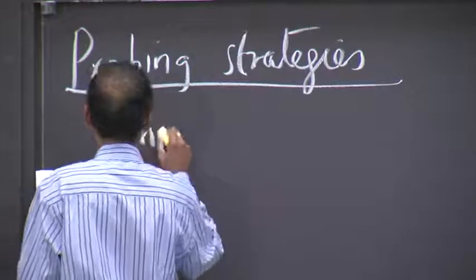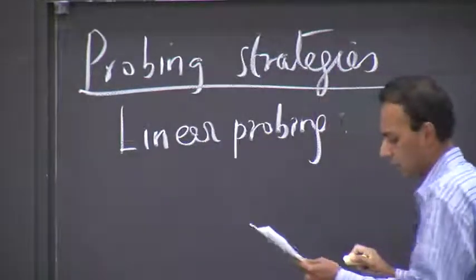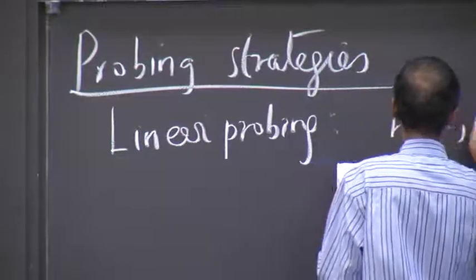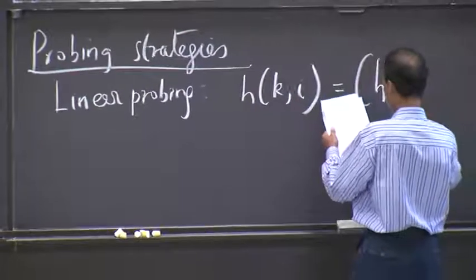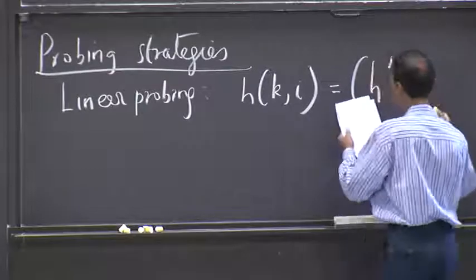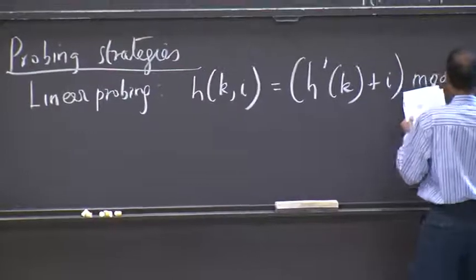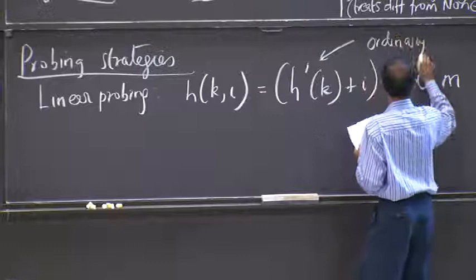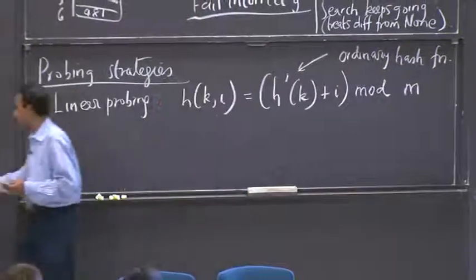So the notion of linear probing is that you do h(k, i) equals h'(k), which is some hash function that you've chosen, plus i mod m, where this is an ordinary hash function. Okay, so that looks pretty straightforward.